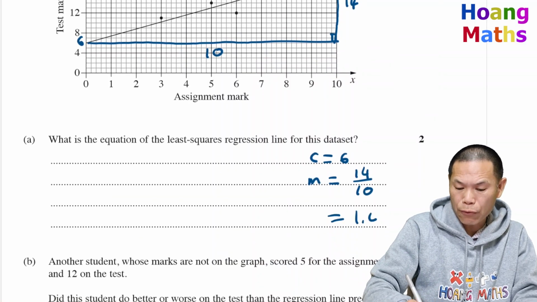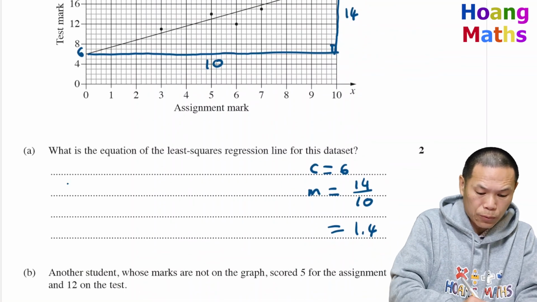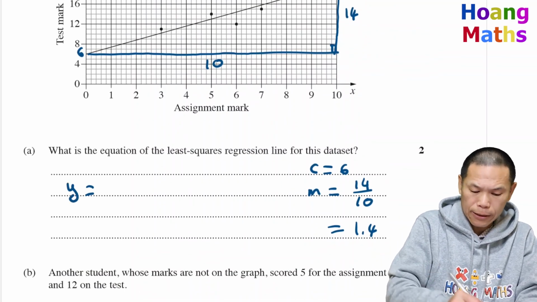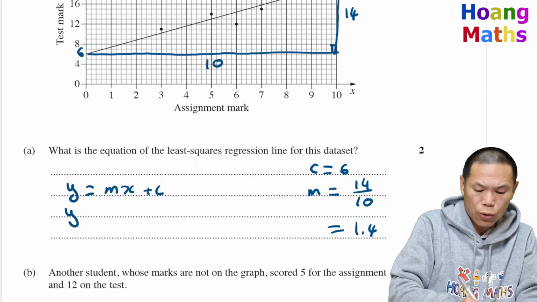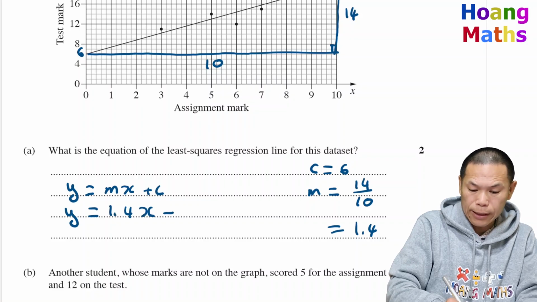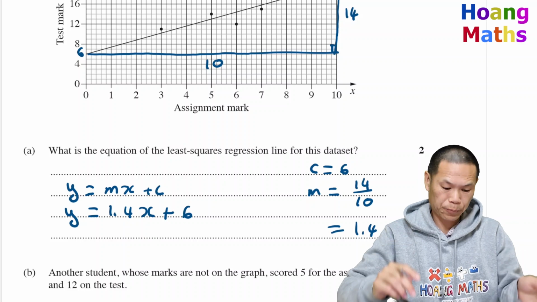So 1.4. So therefore, the rule is y equals mx plus c, which is equal to m is 1.4, x, c is 6. So there you go.